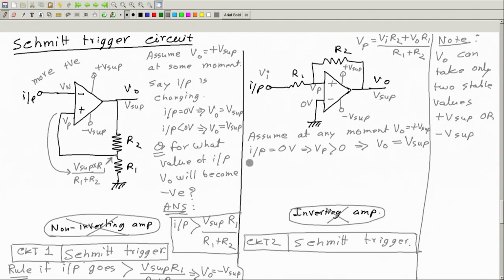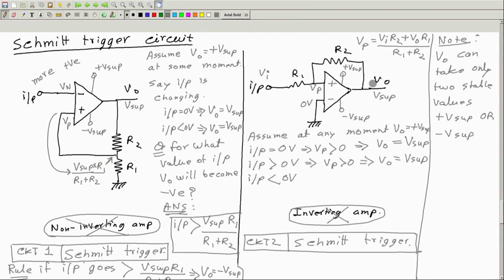Now, say I make input greater than 0. So, V P will of course be positive, and therefore, output will remain positive. Now, say I make input less than 0, then what will happen? If it is slightly negative, but this is sufficiently positive, their combination can still be positive.